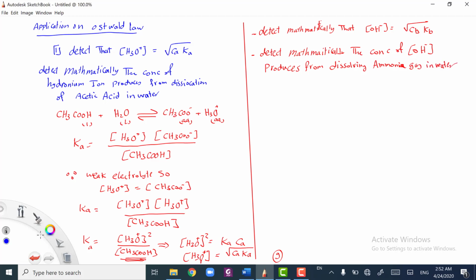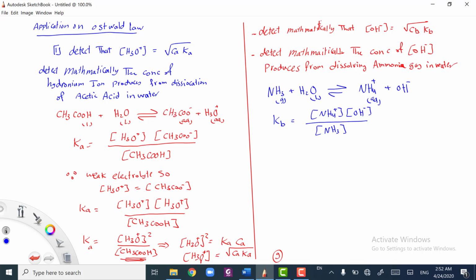Okay, ammonia NH3 is a gas that dissolves in the liquid water, giving forward and backward, ammonium aqueous plus OH negative. The Kb equals the concentrations of the products over the concentration of the reactant. Neglect the liquid water since its concentration is constant, so NH3.